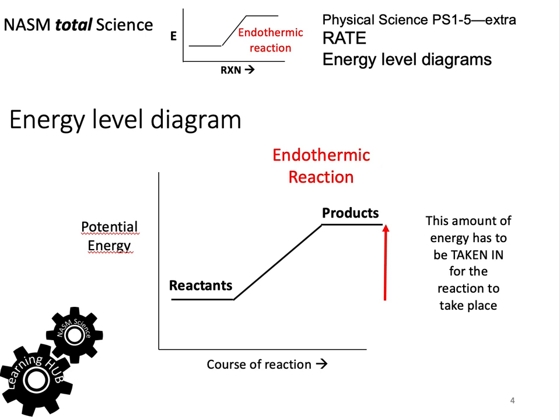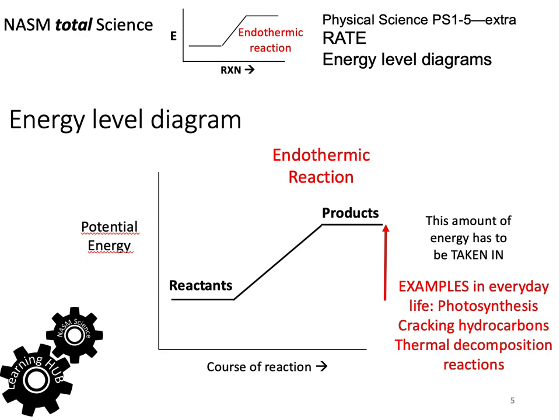We can also have an endothermic reaction where the potential energy of the reactants is lower than the potential energy of the products that are formed. And so energy has to be taken in for the reaction to take place.